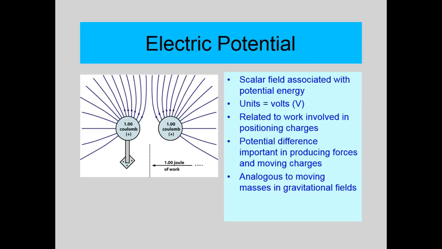And then if I were to bring in 1 Coulomb from way at infinity up here, and I do 1 joule of work on that to force it in here, then this has a potential of 1 volt. Because what a volt is, is 1 joule per coulomb. Joule per coulomb, that's what a volt is.